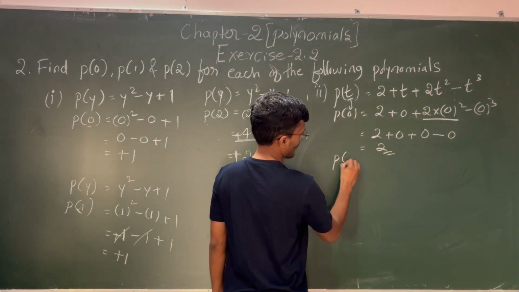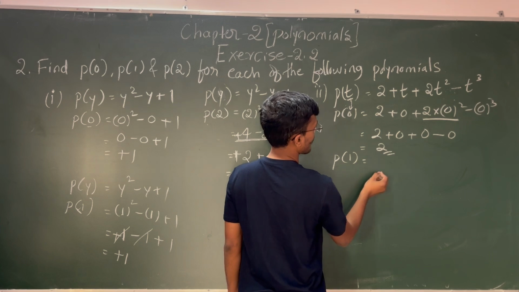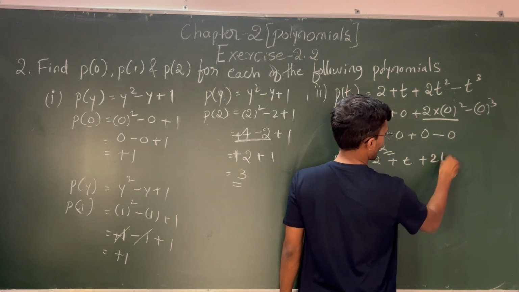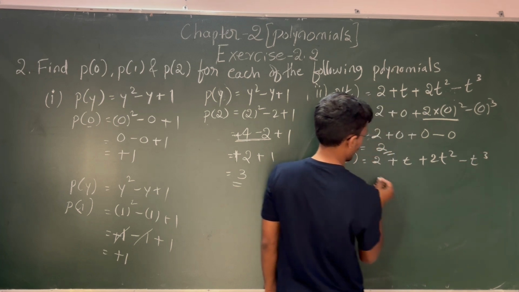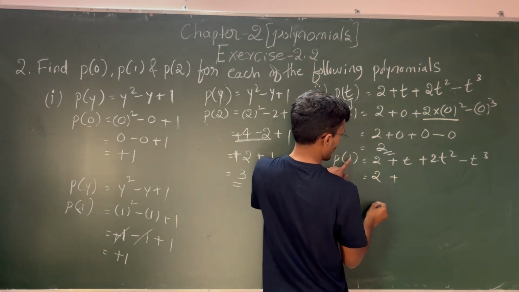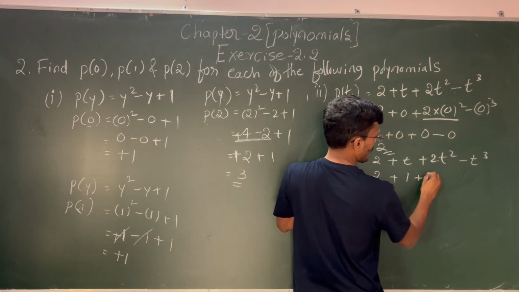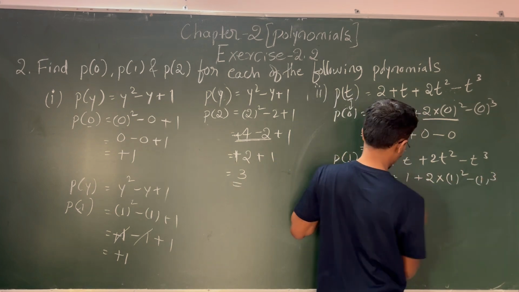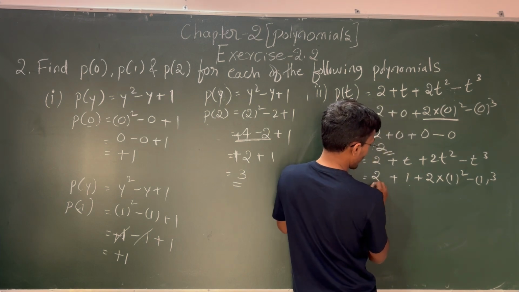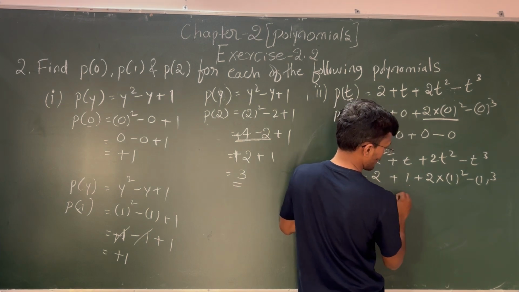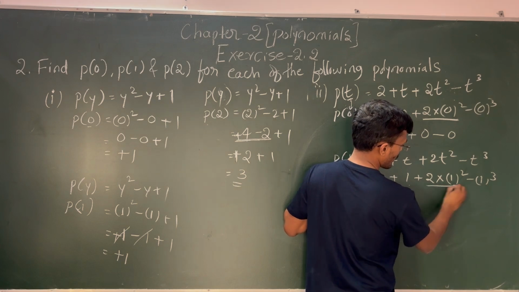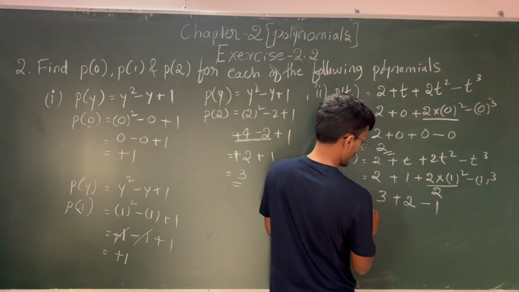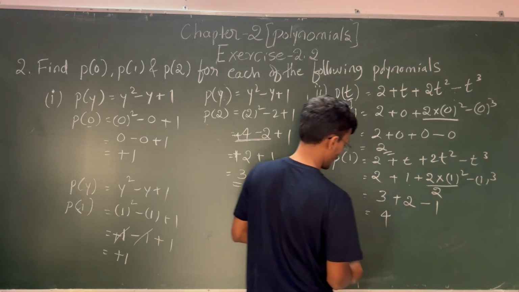So the next one, P1, with t equal to 1: 2 plus 1 plus 2 into 1 square minus 1 cube. So now 2 plus 1 is 3, and 2 into 1 is 2, minus 1. So 5 minus 1 is 4.